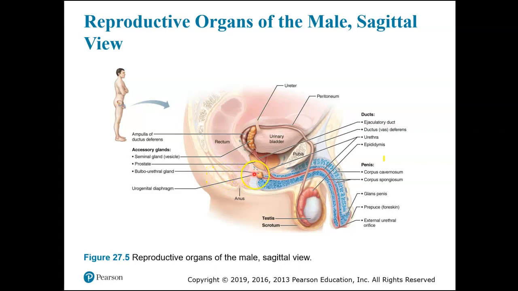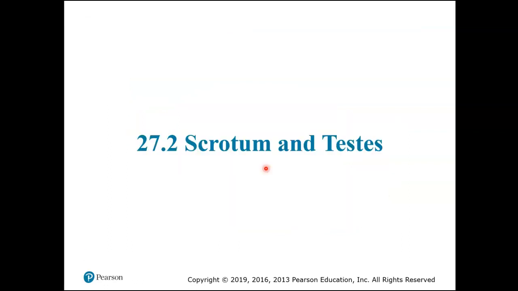And then we have the bulbourethral gland here. All of these glands, the seminal gland, the prostate gland, and the bulbourethral gland, are going to contribute to the composition of semen, in addition to the sperm that are released.